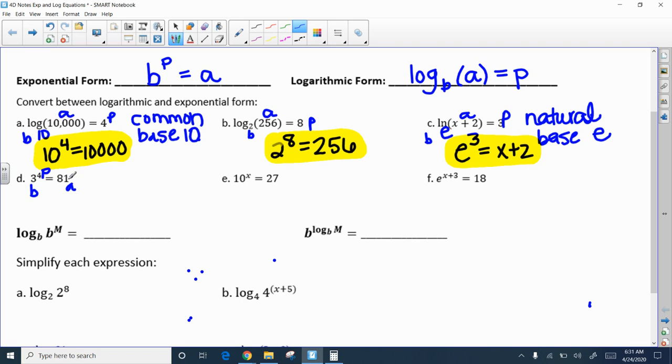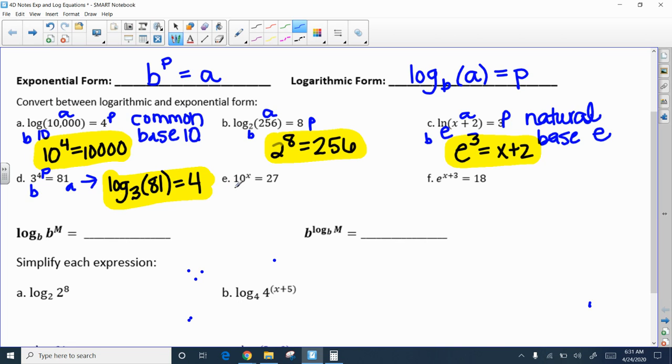If it's in exponential form, we have to change it to logarithmic form. So this would change to log base b, so log base 3 of a, so of 81, equals p, equals 4. In logarithmic form, that would be log base 3 of 81 equals 4.